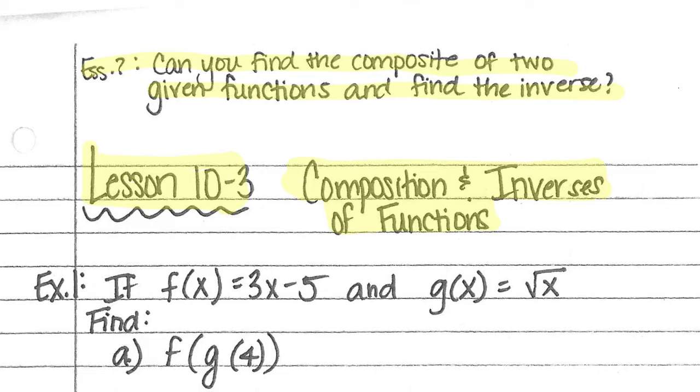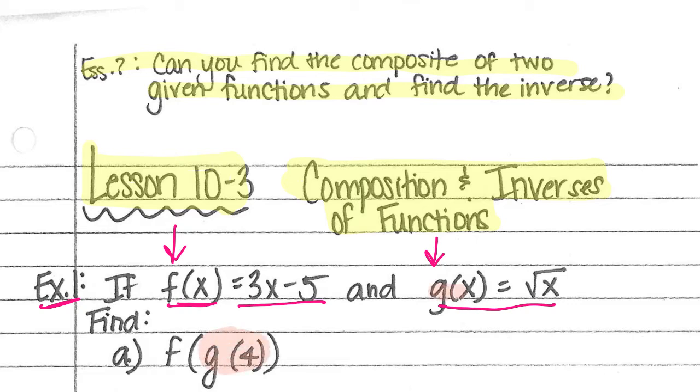So let's look at example 1. Example 1 says, if f of x equals 3x minus 5, and g of x equals the square root of x. Remember, this f and this g are the names of what function we'll use. So the first thing we have to know is order of operations tells us to work from the inside out.